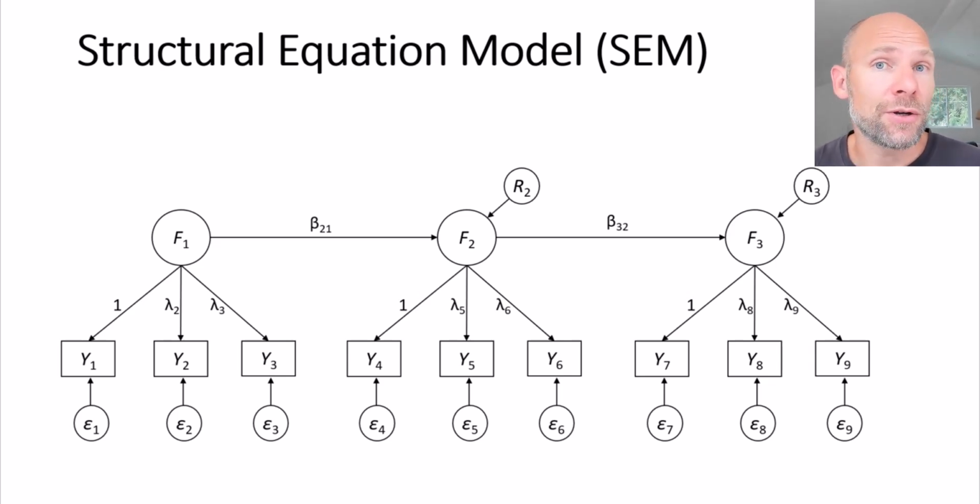But what we're definitely not doing in a CFA is estimating regression paths beta, whereas in a structural equation model, we typically have one or more regression effects or direct paths that we can test. And then as a result, we can test quite complex relationship structures in an SEM, such as mediation models, where we have indirect effects in addition to direct effects, which is something that we cannot test with a CFA.